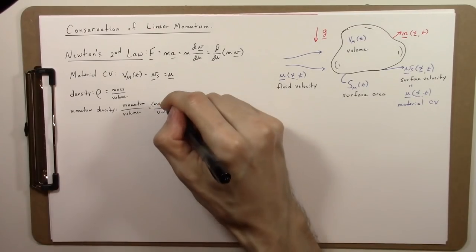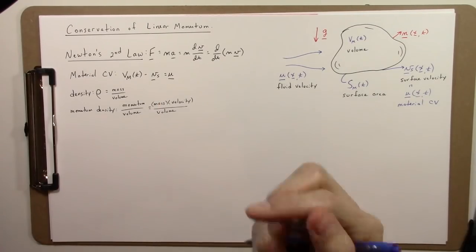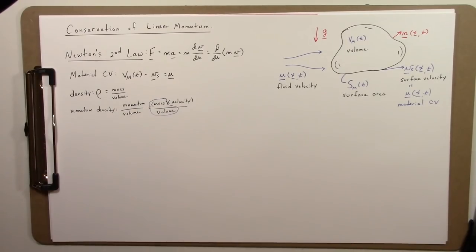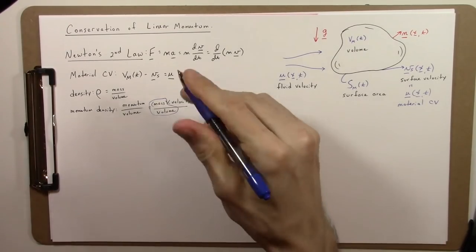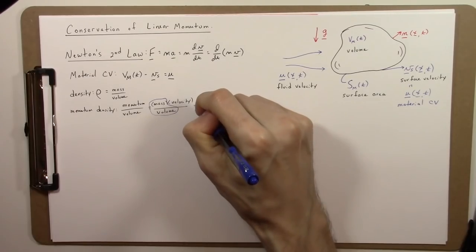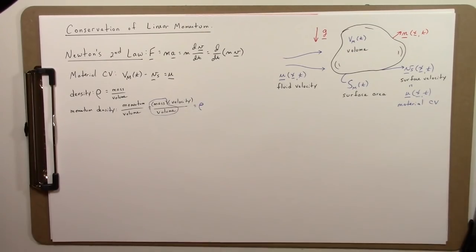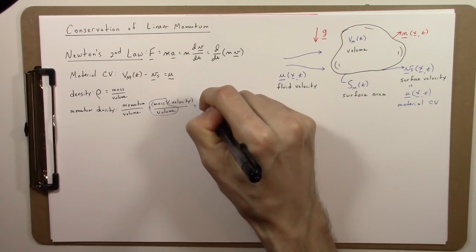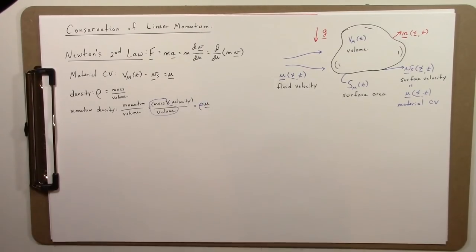So we can simply separate this out as mass per volume multiplied by the velocity, and we get rho, mass per volume, times the velocity of the fluid, which is the vector u.